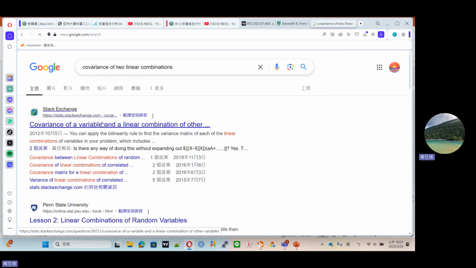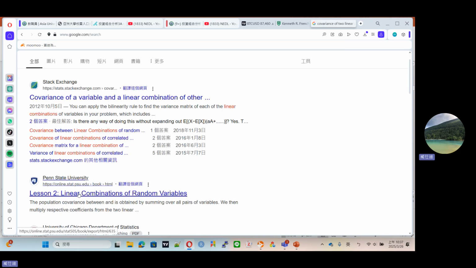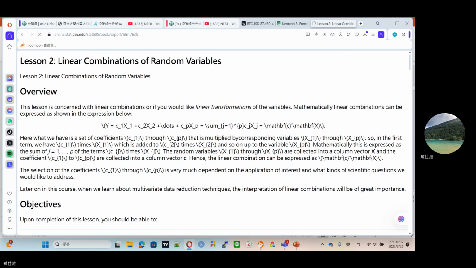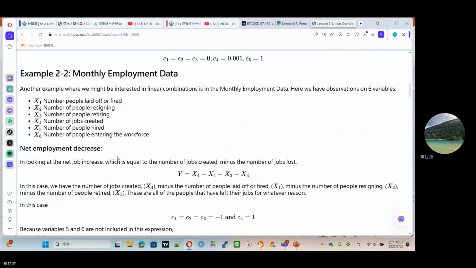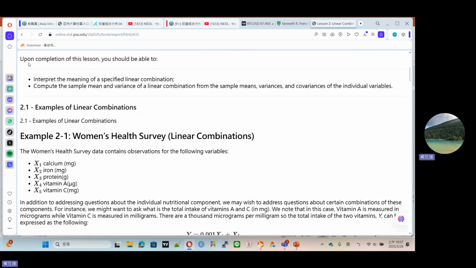Try to search this information and you will get some resources out there. This is not that difficult, because there are so many materials out there, so I don't want to spend time here. You can search for this information by yourself. So let's come back to this.